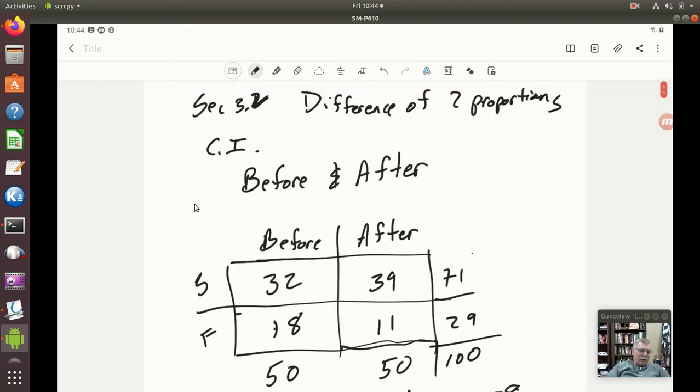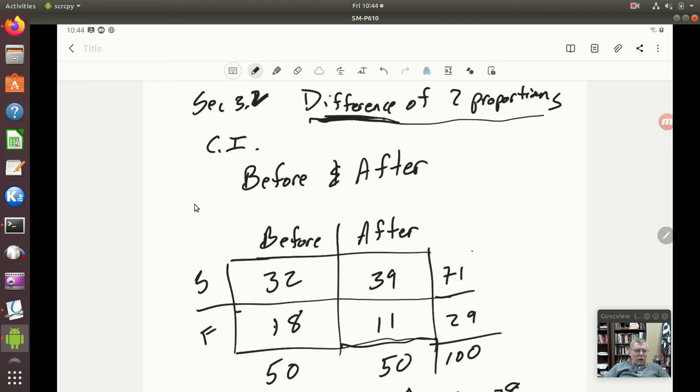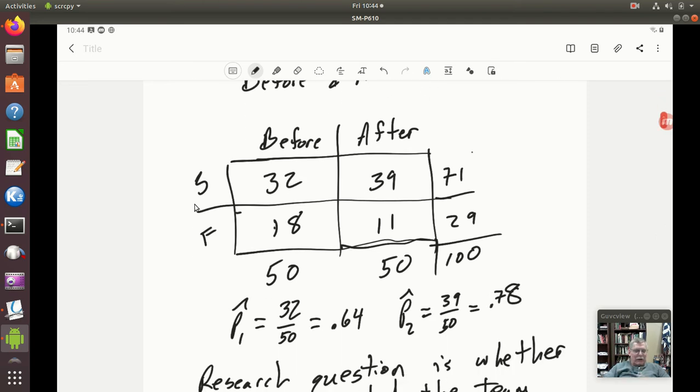Let me go back up here. Difference of two proportions. In section 3.1, I talked about a single proportion being really two proportions, for a given success and failure. Here, we're looking at the difference of two proportions. And so actually, in that difference of two proportions, there are a total of 4 different proportions here, right?